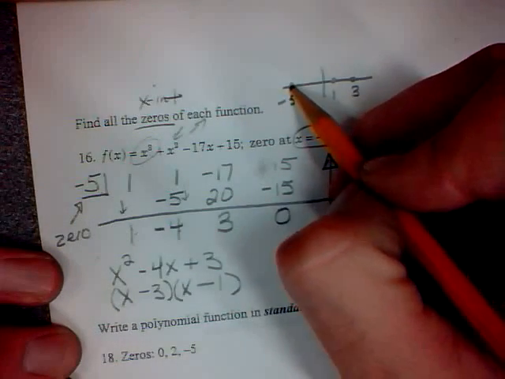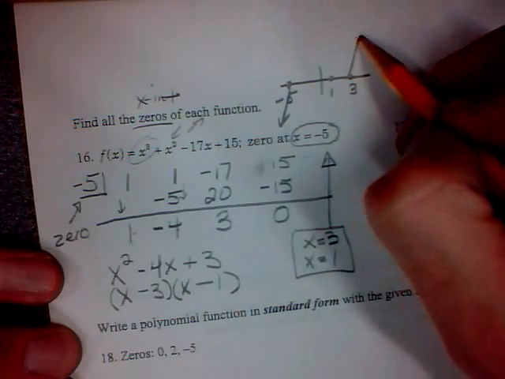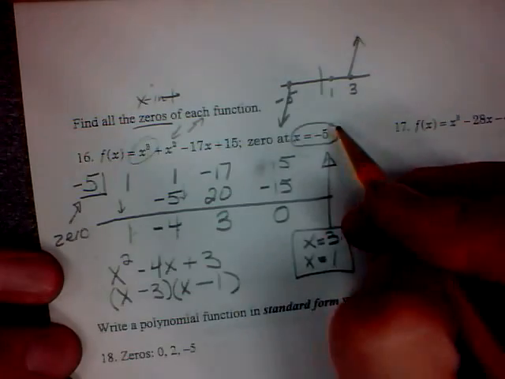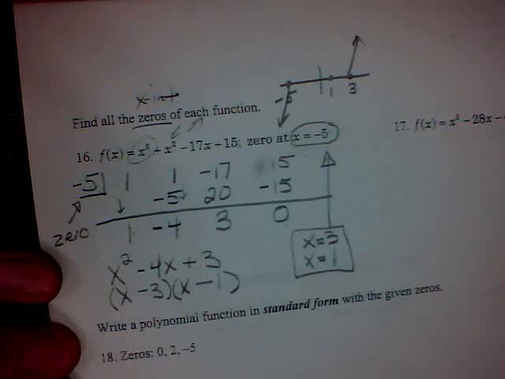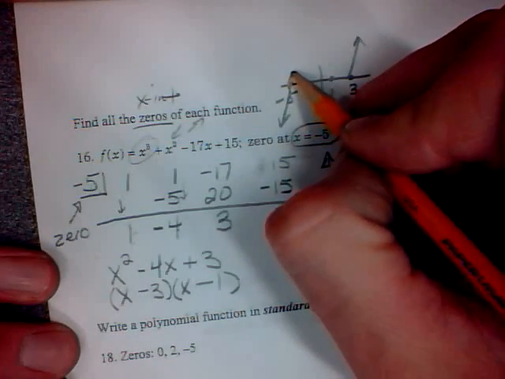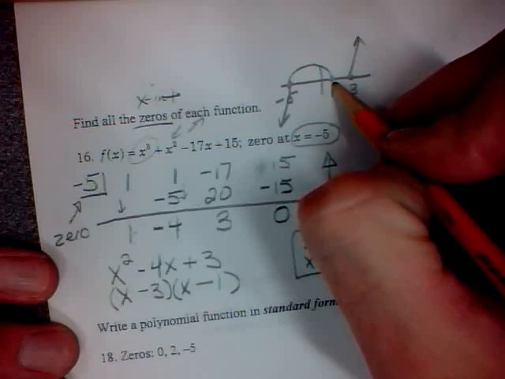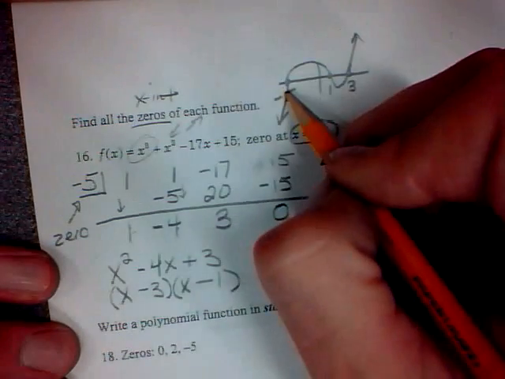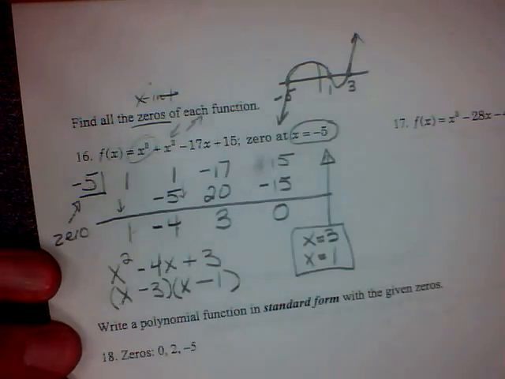So from this side the graph is heading down, and from this side it's heading up. Because each of these terms only occurs once, they have odd multiplicity, so the graph cuts through the x-axis at each of these different points.